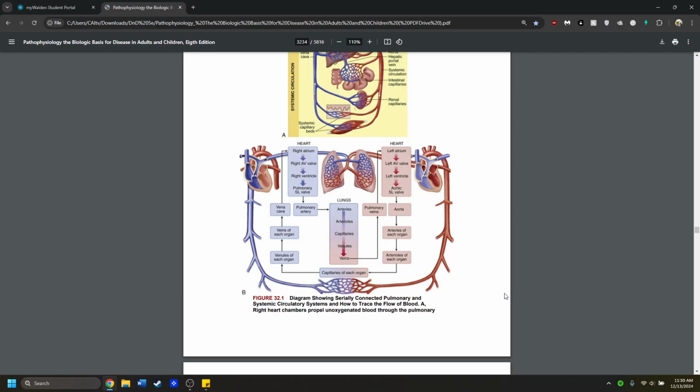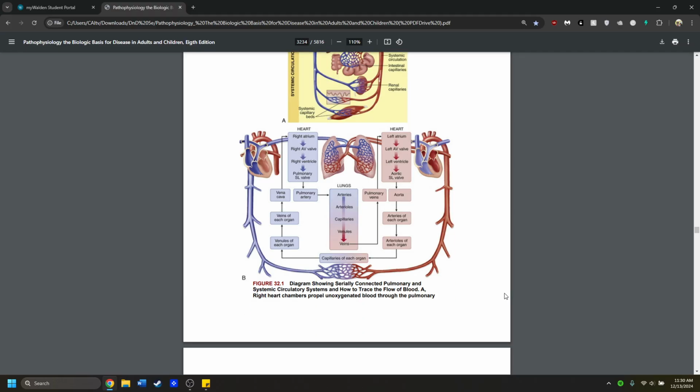Looking at the right side of the heart, blood enters the right atrium. It goes through that happy right AV valve into the right ventricle, where it goes through the pulmonary SL valve and into the pulmonary artery, where it goes into the lungs.